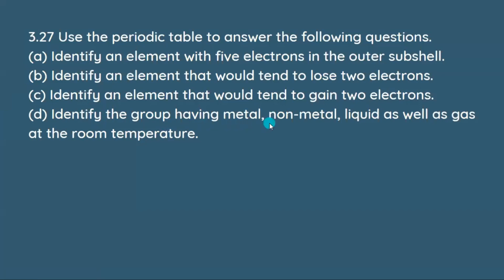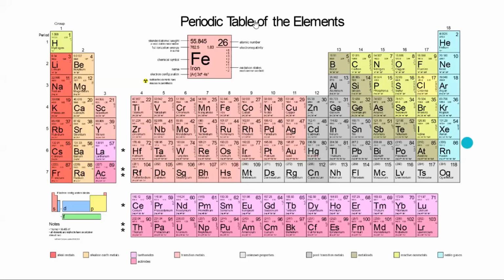Identify the group having a metal, non-metal, liquid, as well as a gas at room temperature. Now, on this side of the periodic table, the elements of group 17 have a metal, that is iodine. Bromine, chlorine, and fluorine are non-metals.